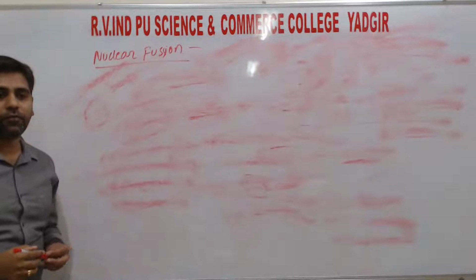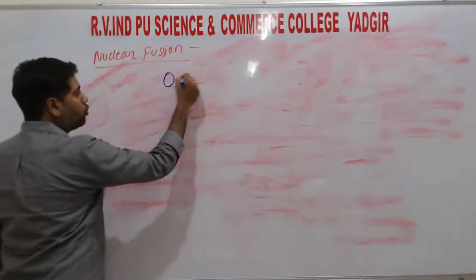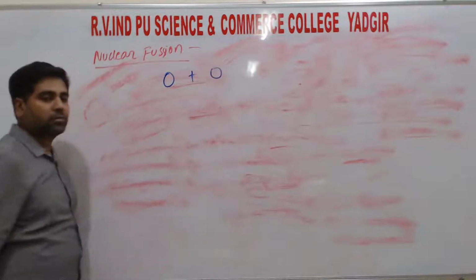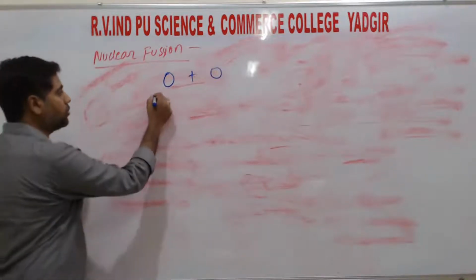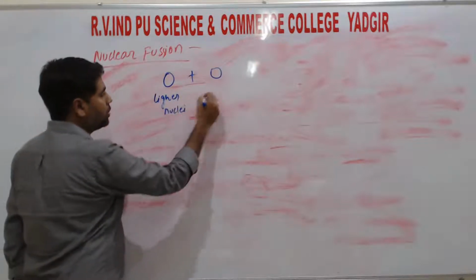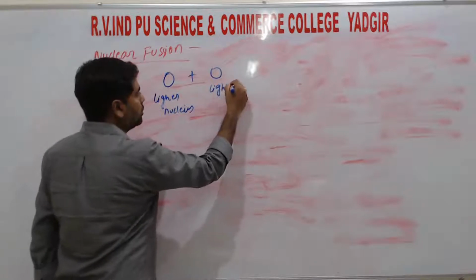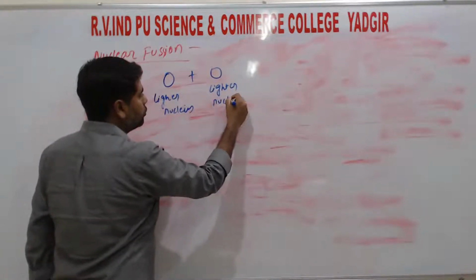Right? So what is nuclear fusion? Nuclear fusion is combining of two lighter nuclei. This one is one lighter nucleus, and this one is another lighter nucleus.